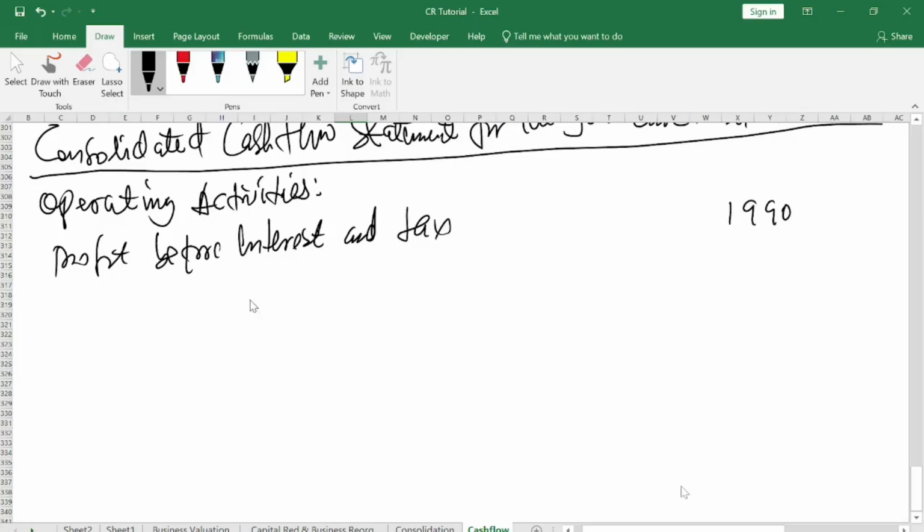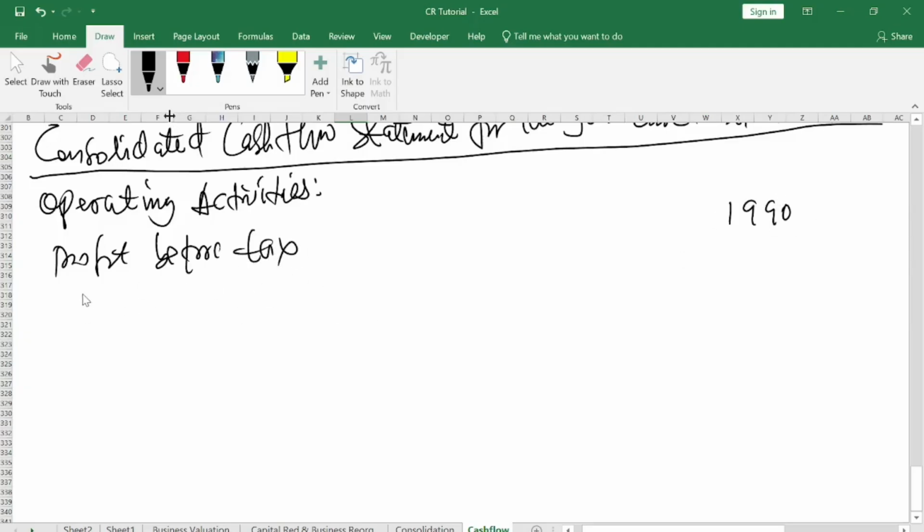Then you do your adjustment. Because it is profit before tax, you remove the interest here. Interest is not part of this.